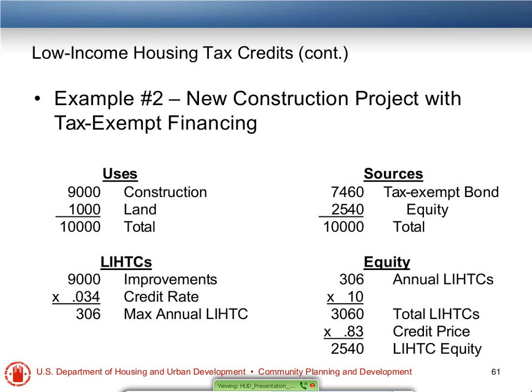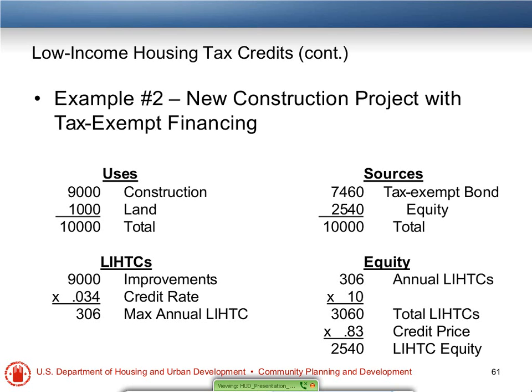It's, in this example, 3.4%. And that generates $306,000 in annual low-income housing tax credits, again for 10 years, or a total of $3,060,000 at a credit price of 83 cents. It's going to generate $2.5 million out of our $10 million project.